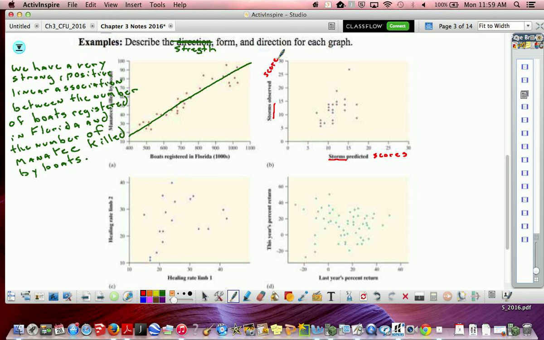Does it say Starnes? Storms. Oh, okay. I apologize. It's storms predicted and storms observed. That makes a lot more sense, doesn't it?